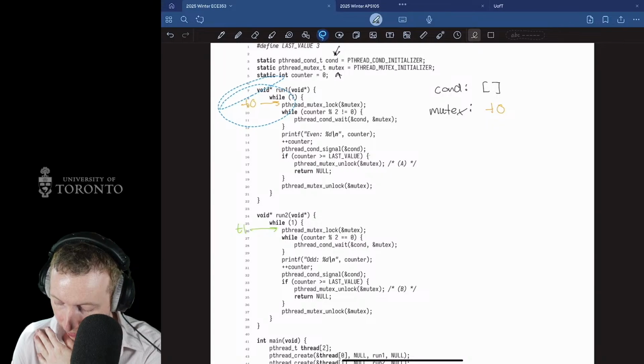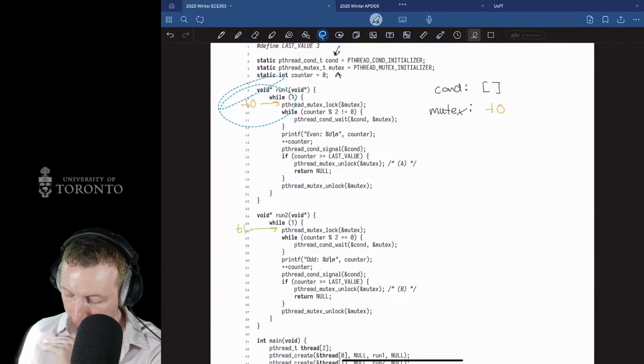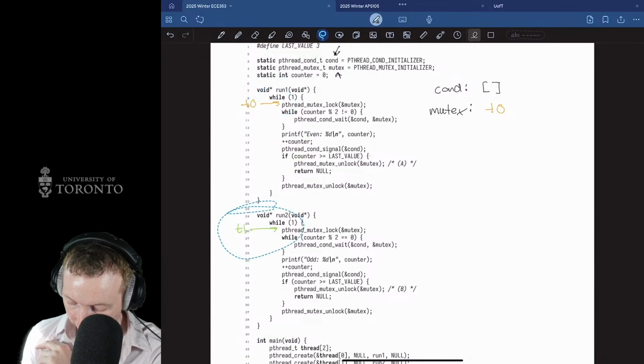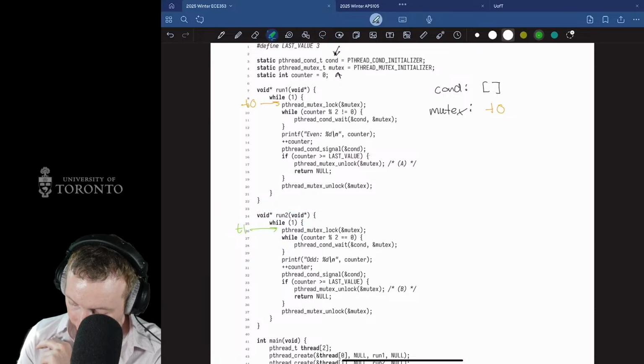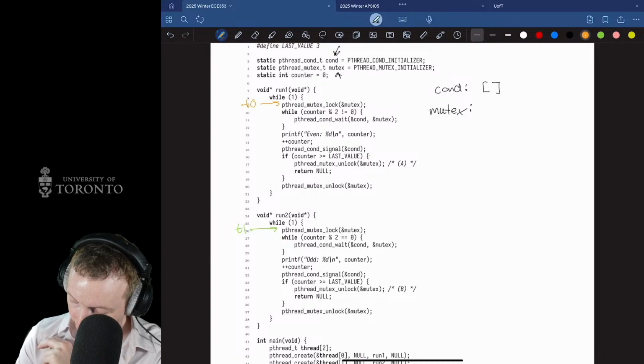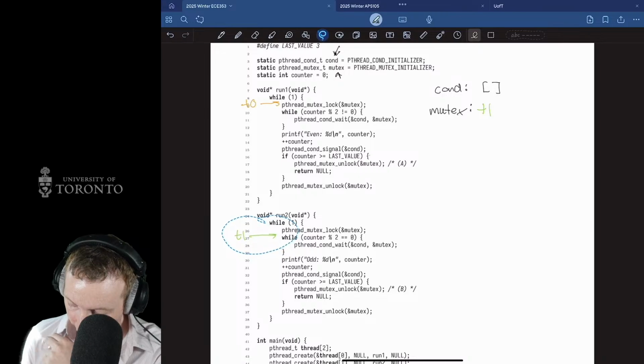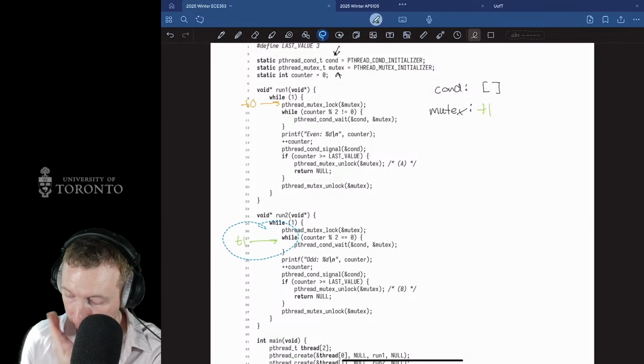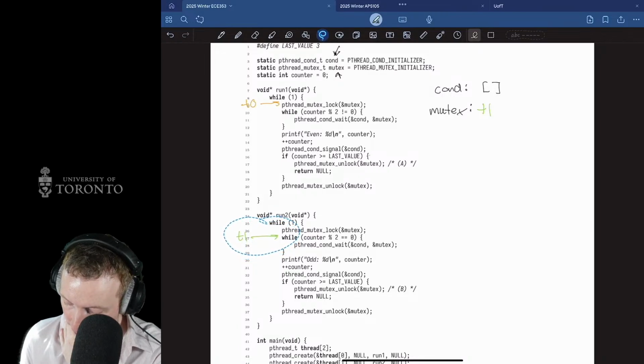So if I rewound and said, hey, that didn't happen, we just had thread 1 execute first, what would happen is thread 1 would execute first, it would grab that mutex. Then thread 0 can't progress any further. Then we go in this while loop, we check counter mod 2.